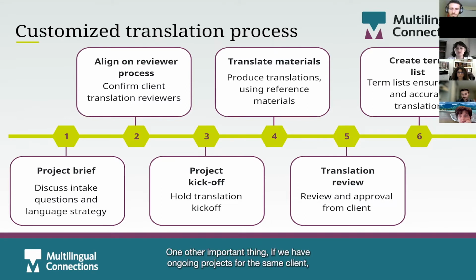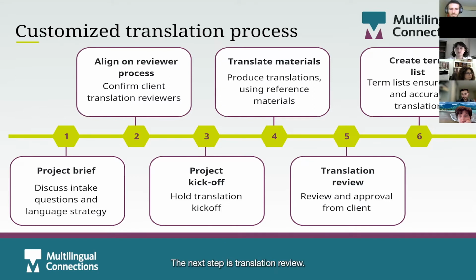One other important thing, if we have ongoing projects for the same client, we use the same translation teams across these projects. And so this, plus what we call translation memories and all of these resources such as glossaries, are what keep projects consistent and keep all the language consistent from project to project.